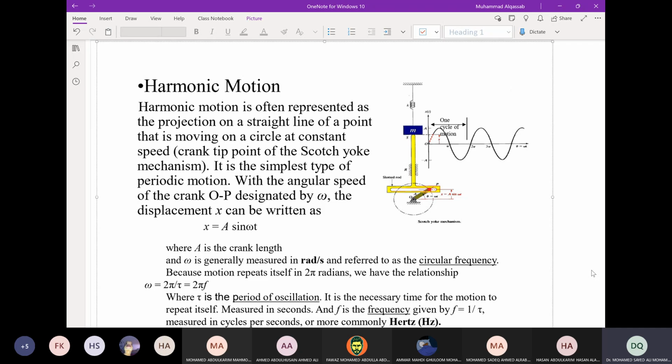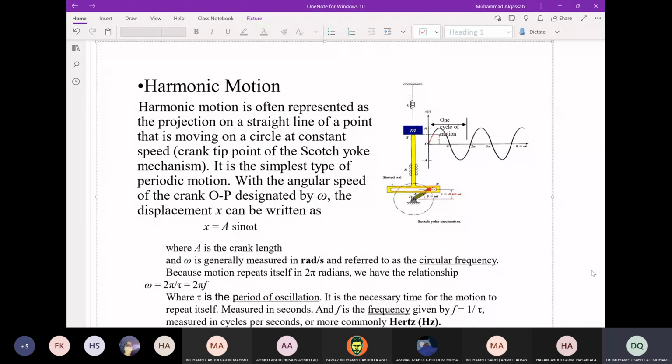Harmonic motion is one of the periodic motions. Periodic motion means a motion that repeats itself in equal intervals of time. So any motion that has this characteristic is called periodic.